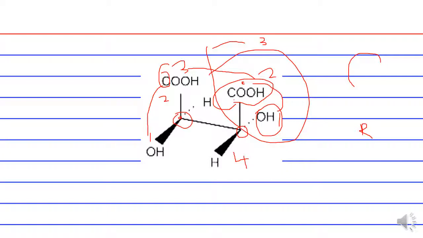So that's R. And we don't have to worry about inverting naming because the lowest priority group is pointing away from you with the dashed line, the hydrogen. So that's just R. You don't have to rename it as S or anything like that.